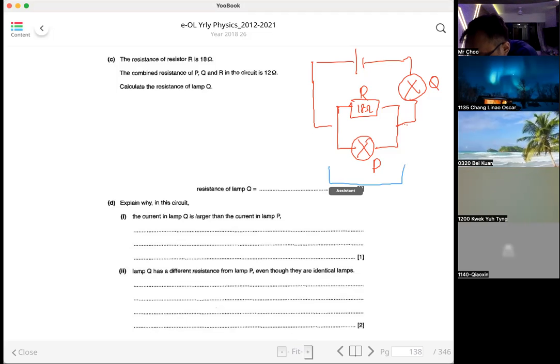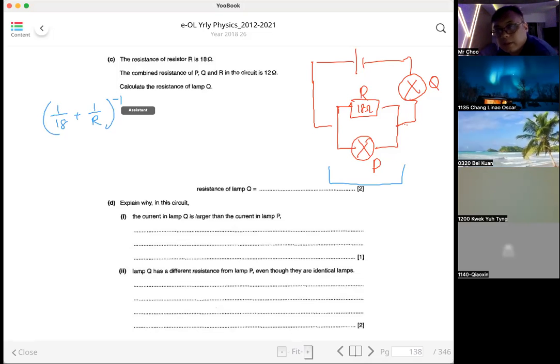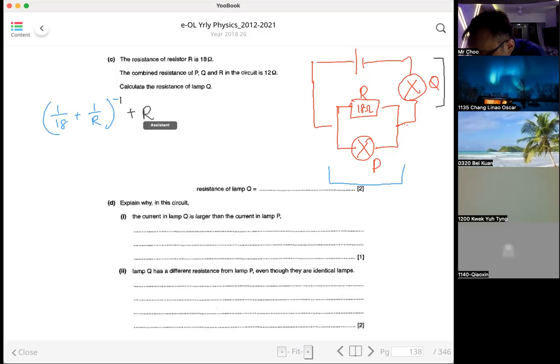Okay, this part here, I put in blue: 1 over 18 plus 1 over R, whole thing inverse. This part I use black, plus R, then total will give you 12.